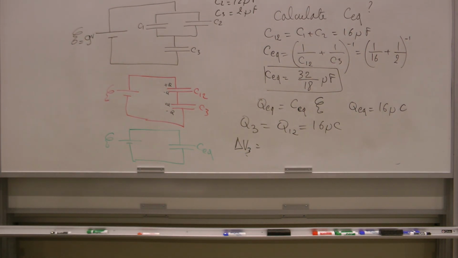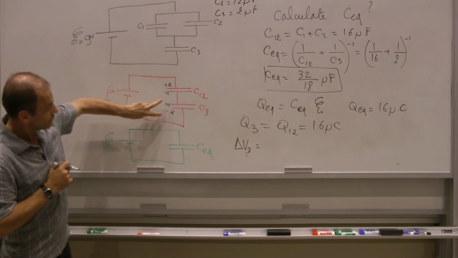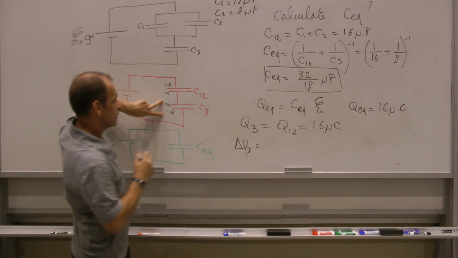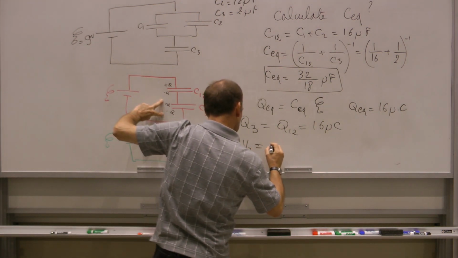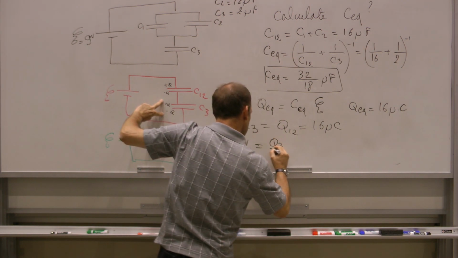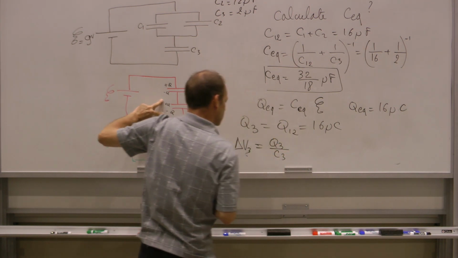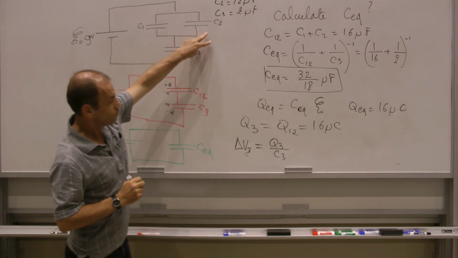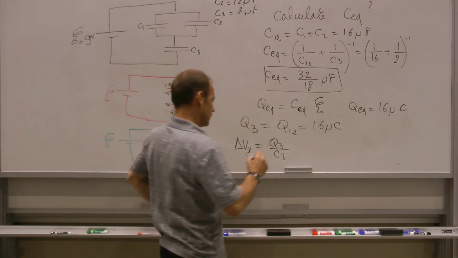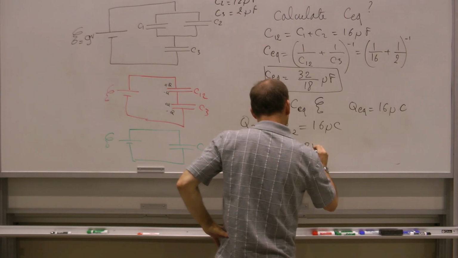Why? Because Q equals CV, so this is going to be equal to Q3 divided by C3. C3 is 2, so 16 divided by 2 equals 8 volts.